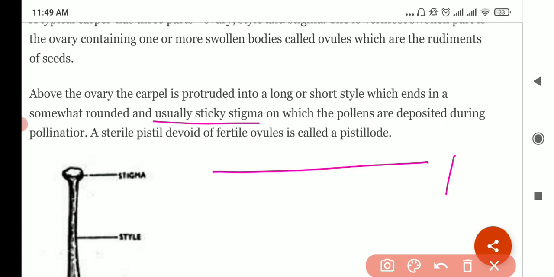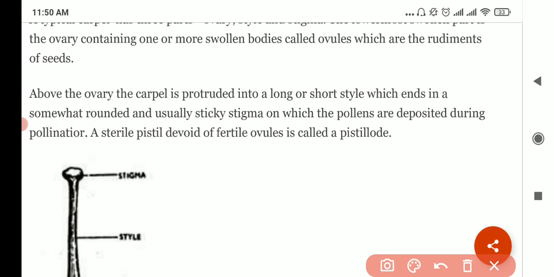So a sterile pistil devoid of fertile ovules is called as pistillode. Okay, so remember for stamens, if they are sterile, we call them as staminodes. So same thing, if the ovules of the pistil are not present, okay, means that it's just a chamber, there's no ovule, or maybe the ovule is a misfunction, then it will be sterile and we'll call it as a pistillode.